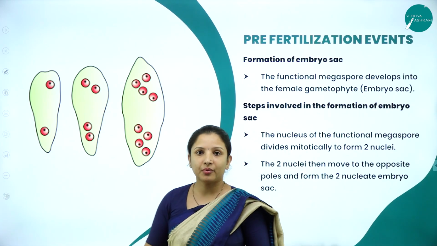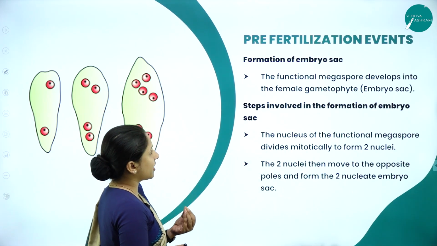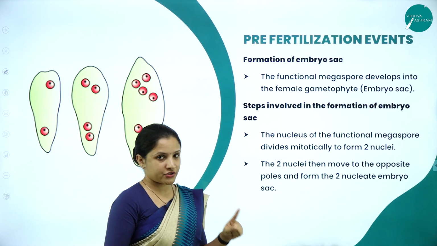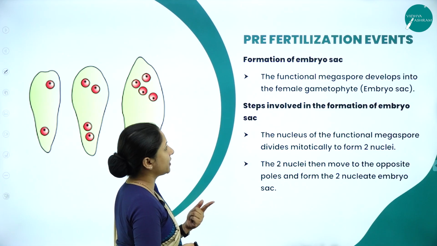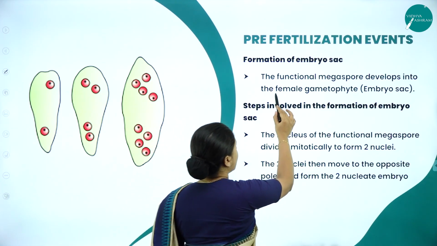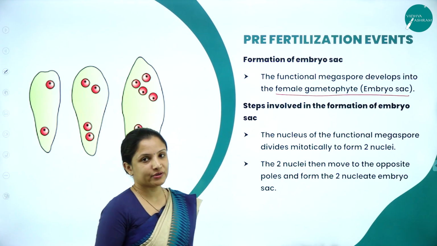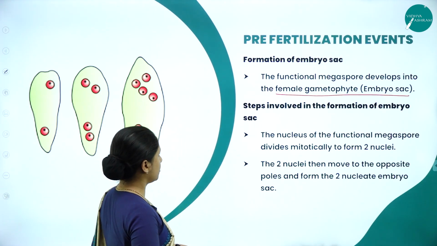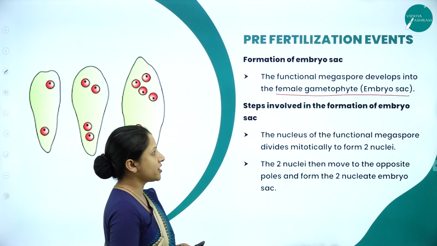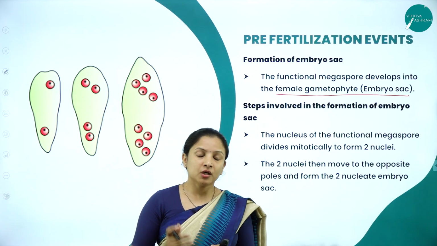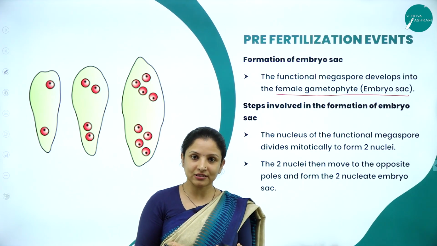Next we'll study the formation of the embryo sac. What did we get to know? That the one functional megaspore will develop into the female gametophyte, which is the embryo sac. Now we will look at exactly how the embryo sac forms. Inside the embryo sac, cells started to develop.